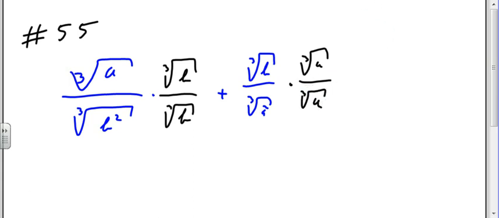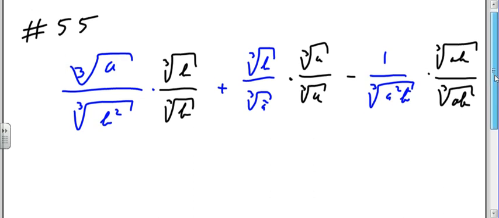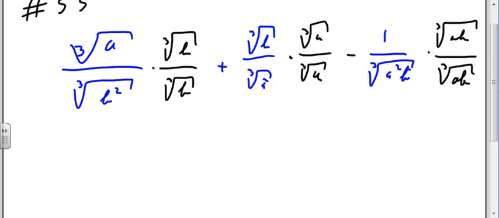And then I've got minus 1 over the cube root of A squared B squared, and I'm going to want to rationalize that denominator, so I'm going to take the cube root of AB over the cube root of AB. Right, so that's my plan. I'm sticking with it.